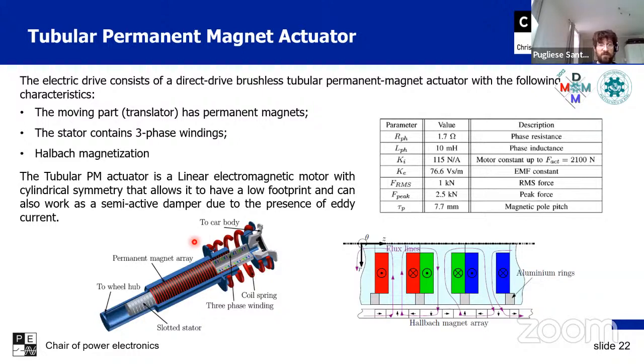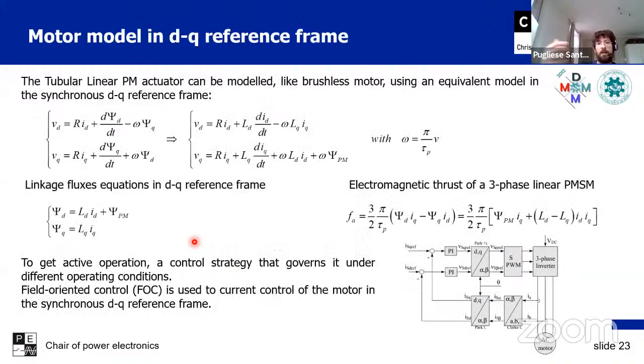At the end, we don't physically have this electrical actuator in our facility. So what we did is represent it equivalently as a permanent magnet synchronous machine, like a brushless motor, with its equivalent synchronous DQ reference frame model.